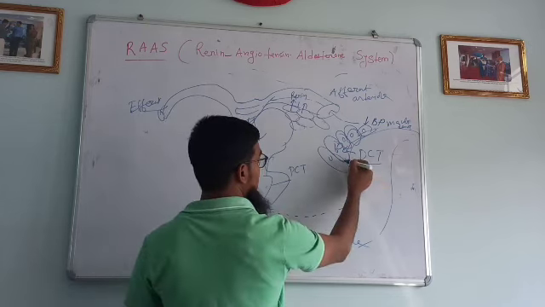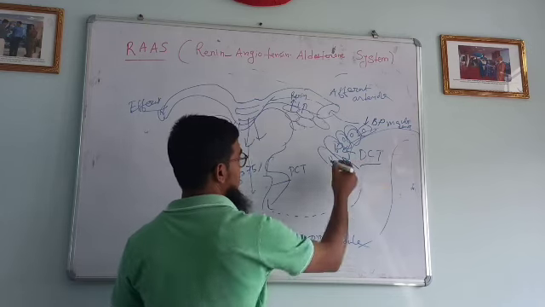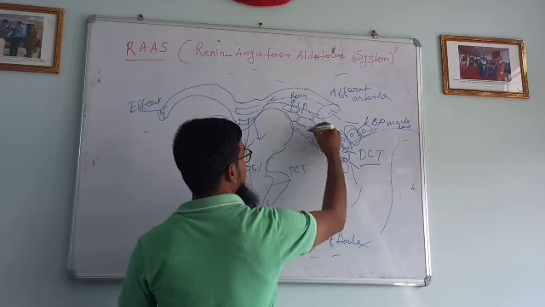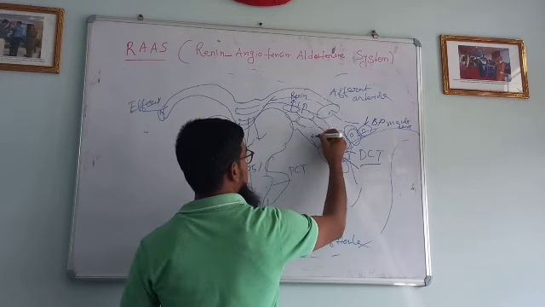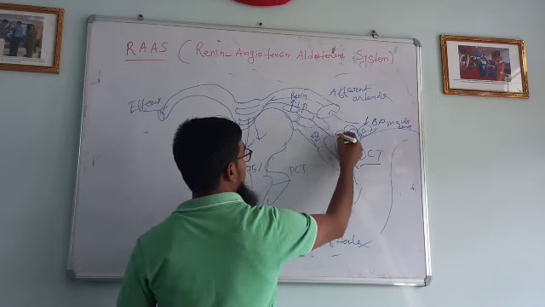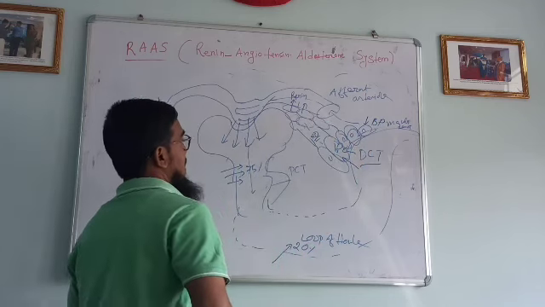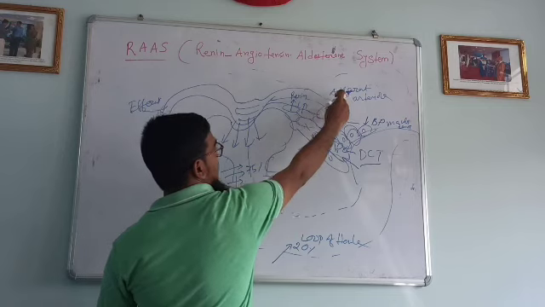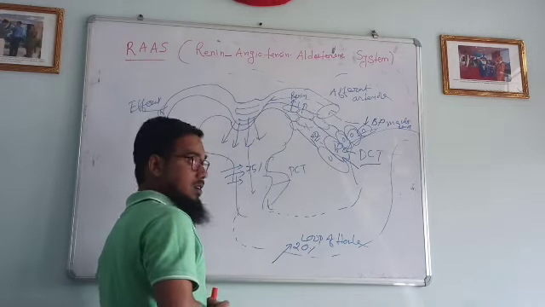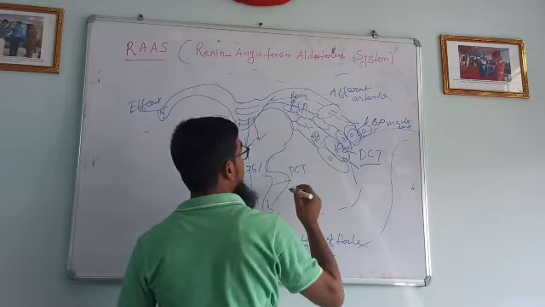Due to this low concentration, they release mainly nitric oxide and some prostaglandins which stimulate the smooth muscle cells attached to the afferent arterioles to release renin.